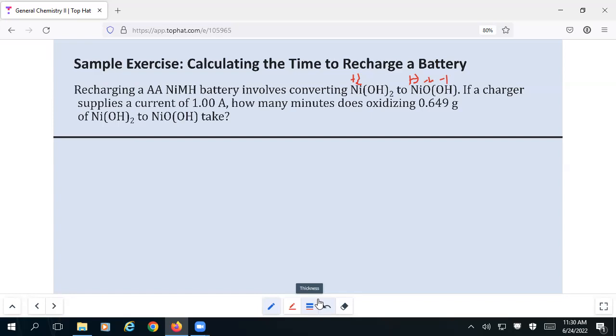So the process here is slightly different, but in a lot of ways the same.